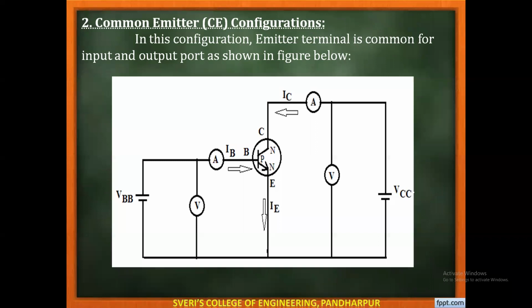Okay. And now see this graph, see this circuit diagram. It's the same circuit diagram, but you can observe here that a voltmeter and an ammeter are added just for the measurement of voltage and current. Now, the base current acts as the input circuit current, and the collector current acts as the output circuit current.